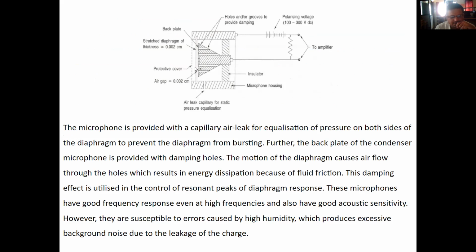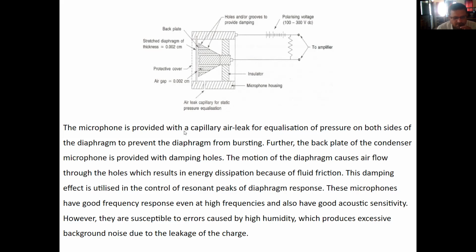Now, the air gap between this diaphragm and this housing is 0.002 centimeter. This is the protective layer. Now, in the housing, this hole is provided as a capillary air leak for static pressure equalization. On both sides, pressure should be equal. That's why these holes are provided.